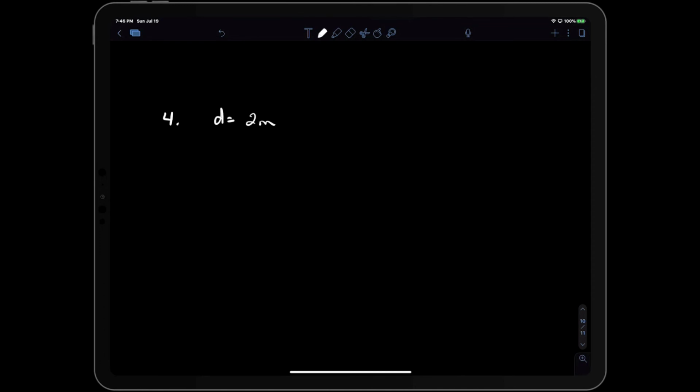And it's going to do so in a time of 2 times 10 to the negative third seconds. All right, what's the average speed in meters per second and centimeter per second? So we have velocity, and for part A it's going to be in meter per second, and then for part B, it's centimeter per second.